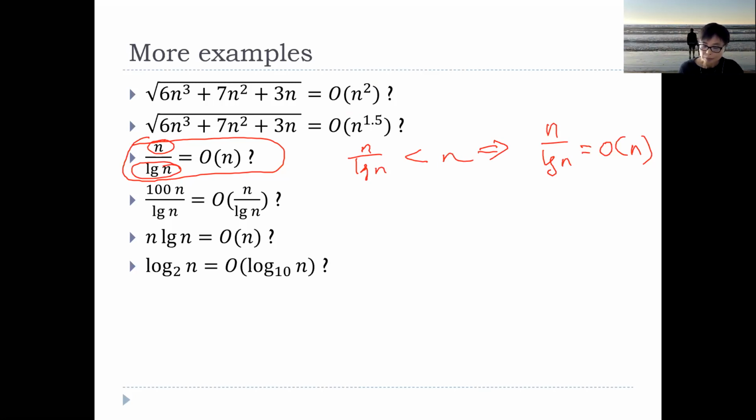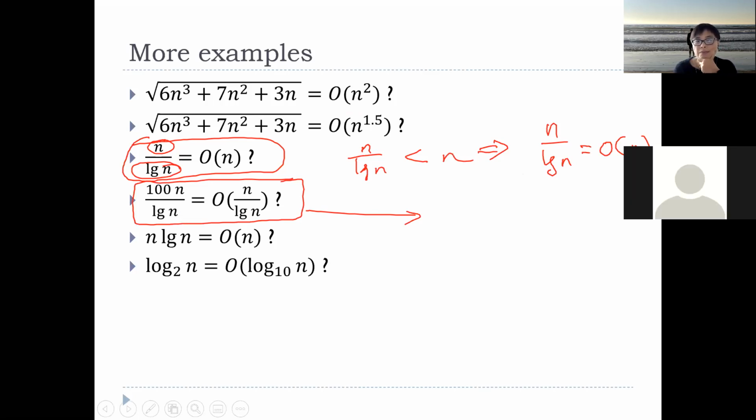All right, how about this? Is this correct? Does this relation hold? Would it be no? Why? Because there are coefficients of the big O function that would be smaller than the left-hand side. Well, let's do this a little more formally to see.